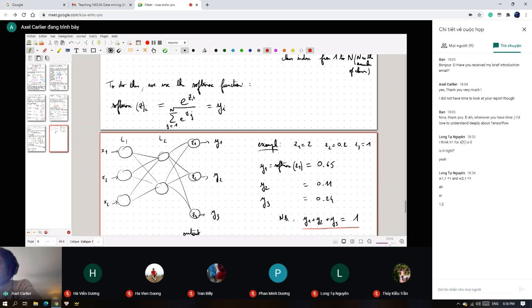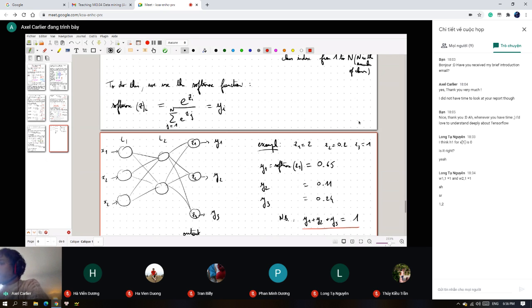Of course, if you look at the formula, if you sum y1 plus y2 plus y3, you will get exponential of z1 divided by the sum of exponential of all the z, plus exponential of z2 divided by this sum, plus exponential of z3 divided by this sum. So you will have the sum of all the exponentials divided by the sum of exponentials, so it gives you 1. That's a very good property, because it means this can be seen as a probability distribution.